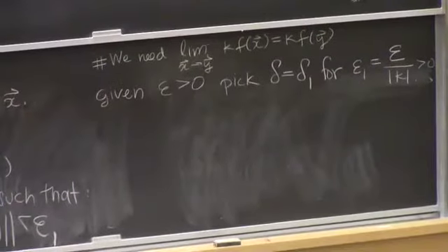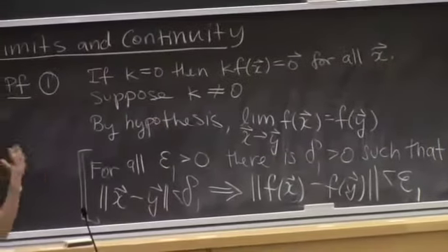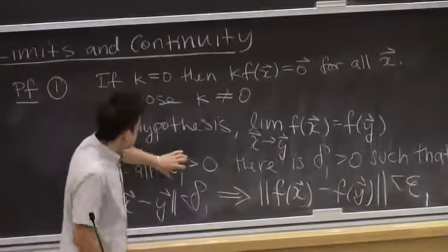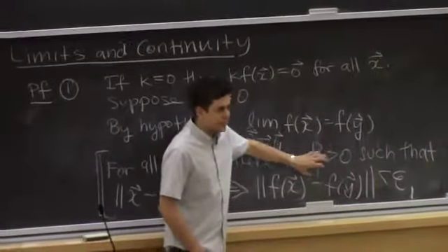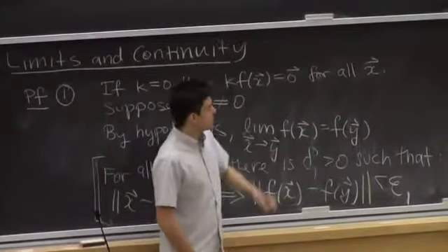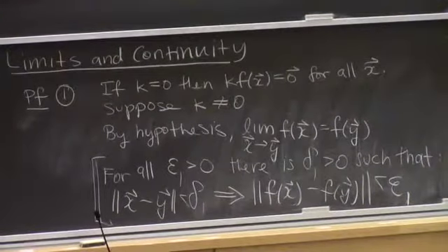You can think of these delta epsilon arguments like a function in a computer program. You input epsilon 1, it outputs delta 1. So we're going to ask our program for the delta 1 that comes from this epsilon 1.